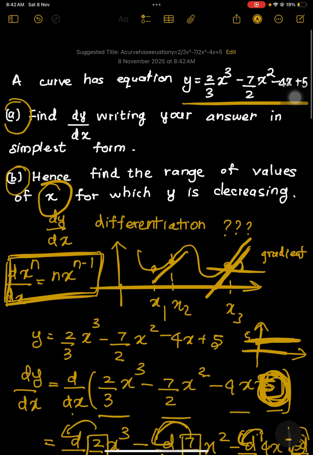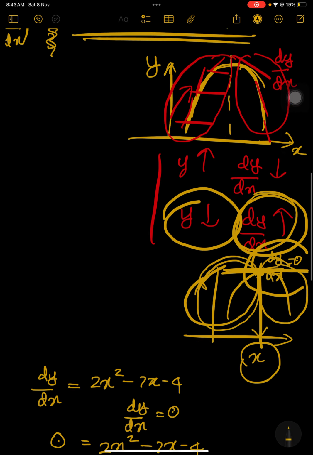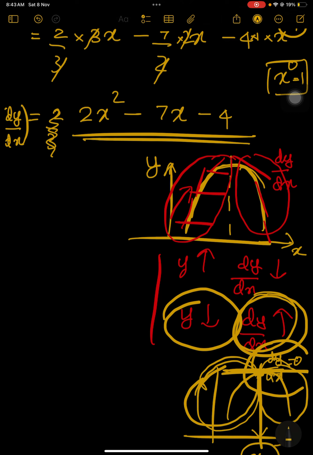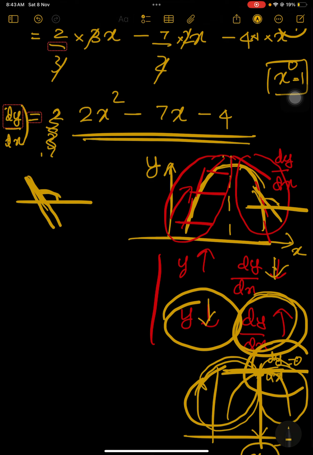When y is decreasing, the slope is negative, I mean dy over dx is negative. Yes, because it is in this format, right? The slope here is at a bigger angle than 90 degrees. So the slope is negative.